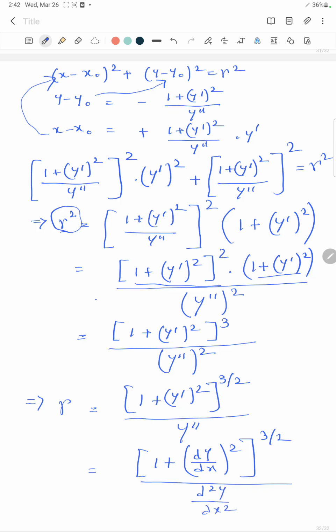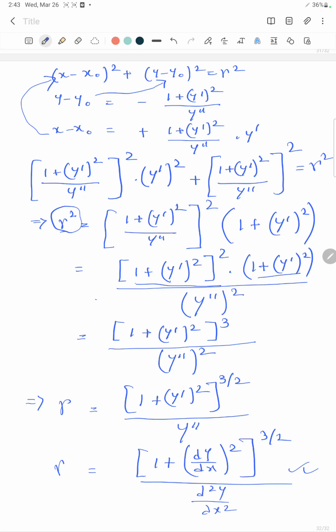Okay, so now you see that you got the formula for the radius of curvature, which usually students want to memorize. But you can easily derive this formula from one thing that you have to remember, that radius of curvature is nothing but a circle approximation at that point. Okay, so this is the formula for radius of curvature.